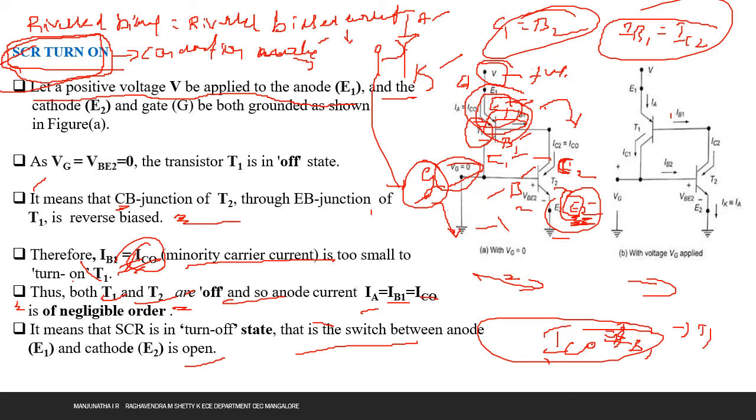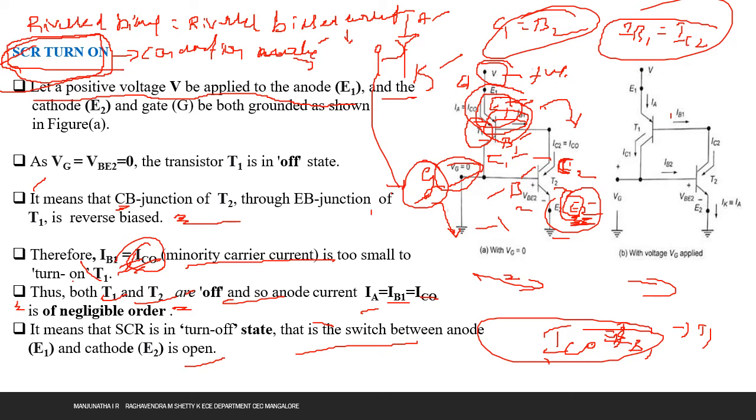Both transistor T1 and T2 become turned off. So the gate voltage should be other than 0 voltage. Then only we can make T1 and T2 conduct and the SCR turn on.